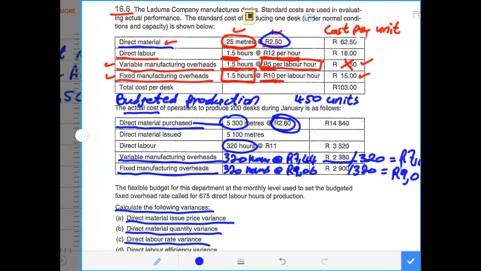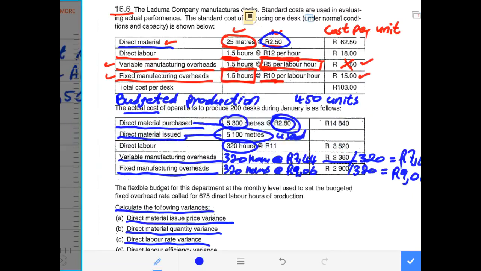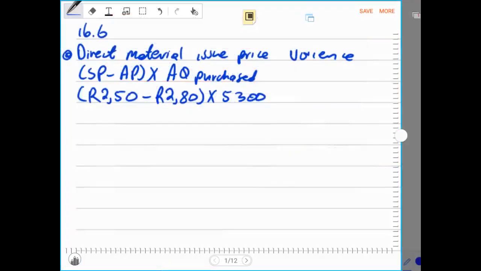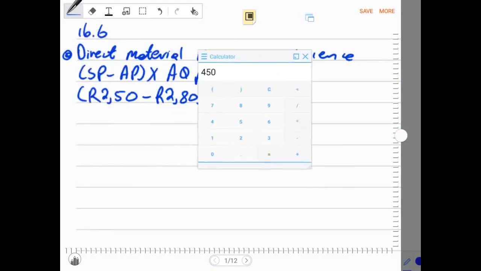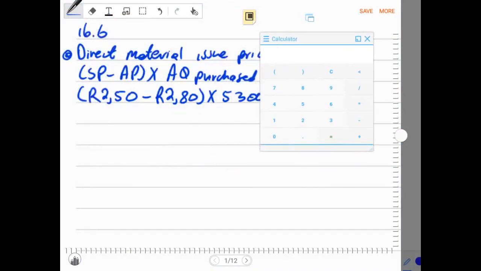5,300 meters of material. Remember, I mentioned to you that the material that was issued to production, 5.1, will be the one that will be used. I said that will be material used. We'll use that in the next variance. Then we calculate our variance, and it will be 2.50 minus 2.80.